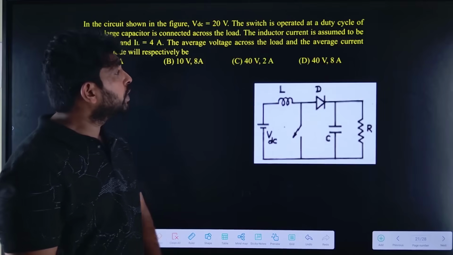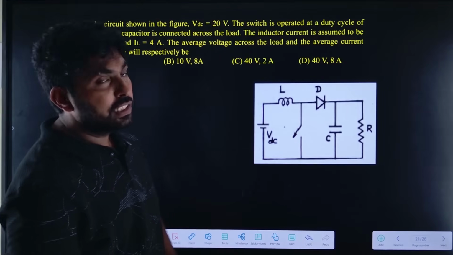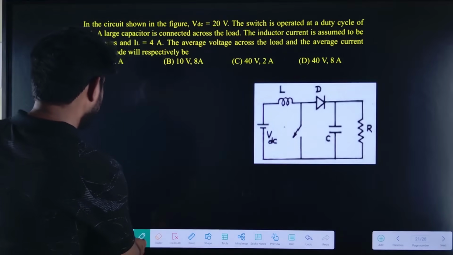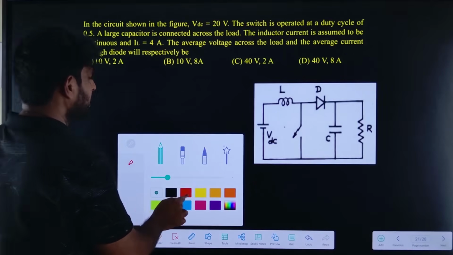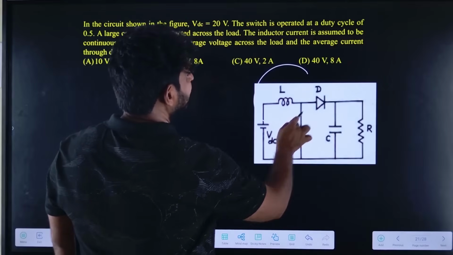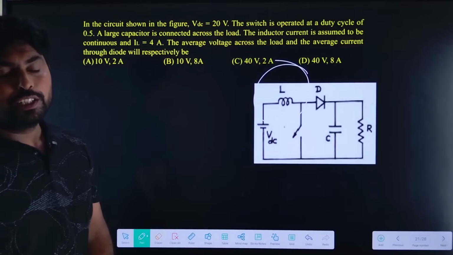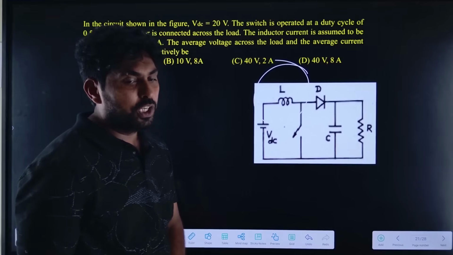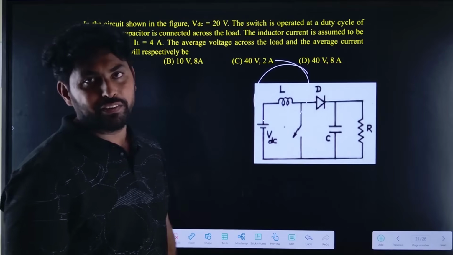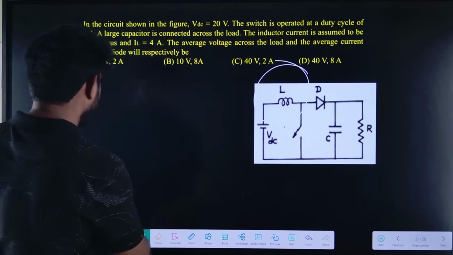Now, what is the converter here? The inductor is placed on the source side, so it is a boost converter. So now we need to find it for the boost converter. How can we find it for the boost converter?